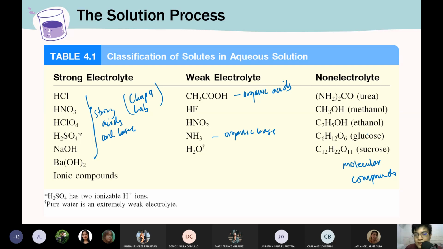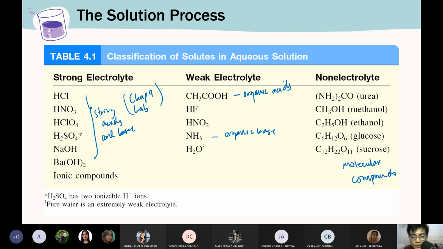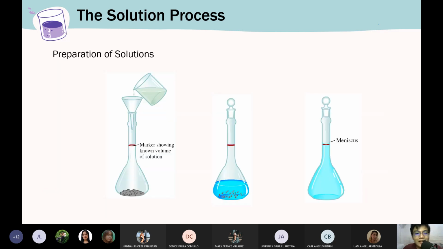Okay? Pag sinabi molecular compounds, hindi sila nagdi-dissociate. Okay. So yan, that's methanol, or basically your alcohols, glucose, sucrose, and urea. Okay? So yun na. Kailangan nyo ba ito kabisaduhin? Hindi naman.